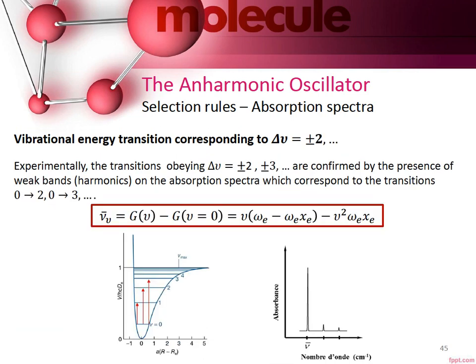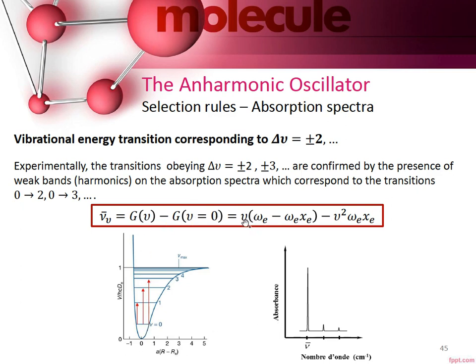Now, when it comes to harmonics, so now I'm not talking about delta V equal plus minus 1, it's plus minus 2 or plus minus 3, etc. As I said before, we have seen that earlier, it's between V equals 0 going to any other V. So the spectral line here corresponds to a transition either from V equals 0 to V equal 1, or from V equals 0 to V equal 2.